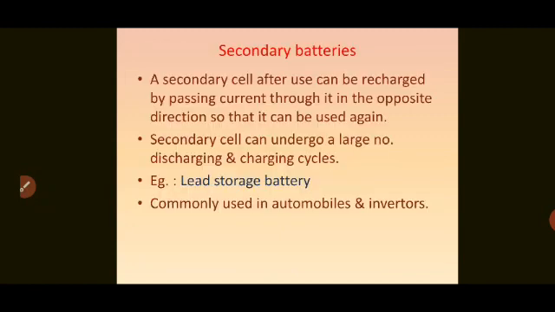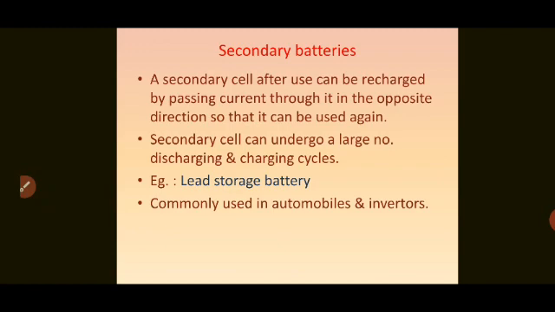Now, let us see the secondary batteries. Nowadays, we are using advanced cameras, and along with that, chargeable cells are used, or a charger is given for the cells.